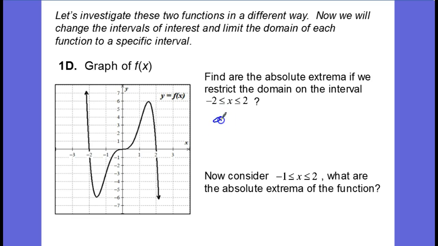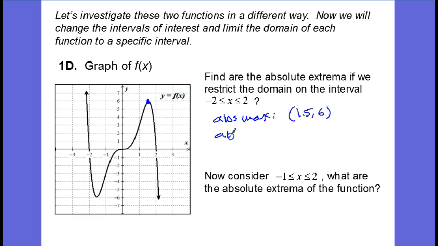Absolute maximum: from -2 to 2, I do have an absolute maximum, and this is going to be 1.56. If you'll recall, that was the relative maximum from earlier on this same function.